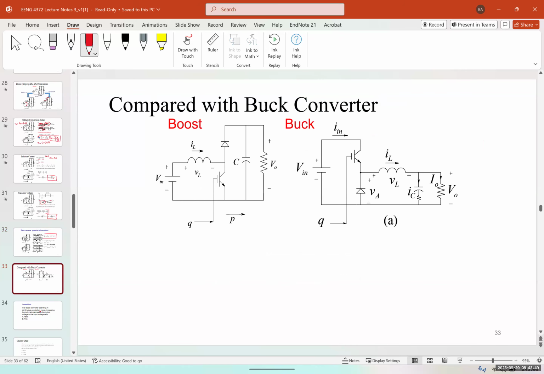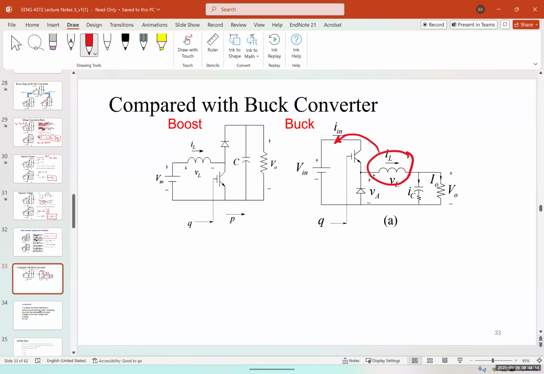So another comparison between a buck and a boost converter. For a boost converter, again, the easiest way is to look at the inductor. If you see the inductor at the input, on the left side of the switch transistor, that's a boost.